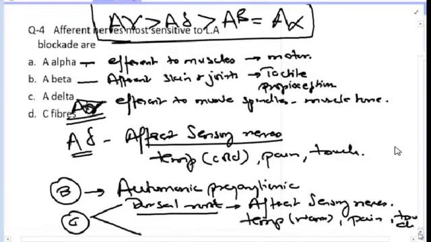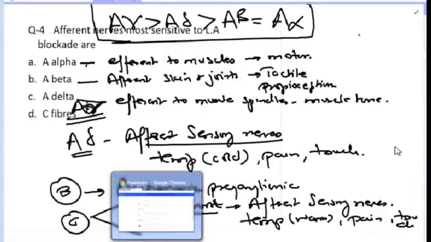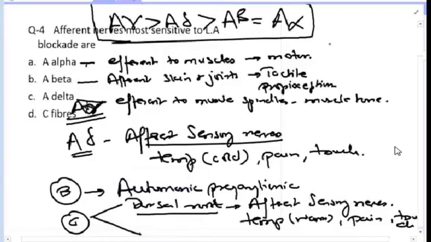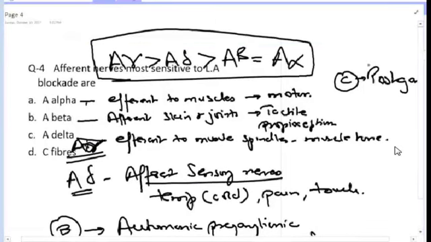The second type of C fibers are postganglionic sympathetic fibers, and they mediate various autonomic functions.